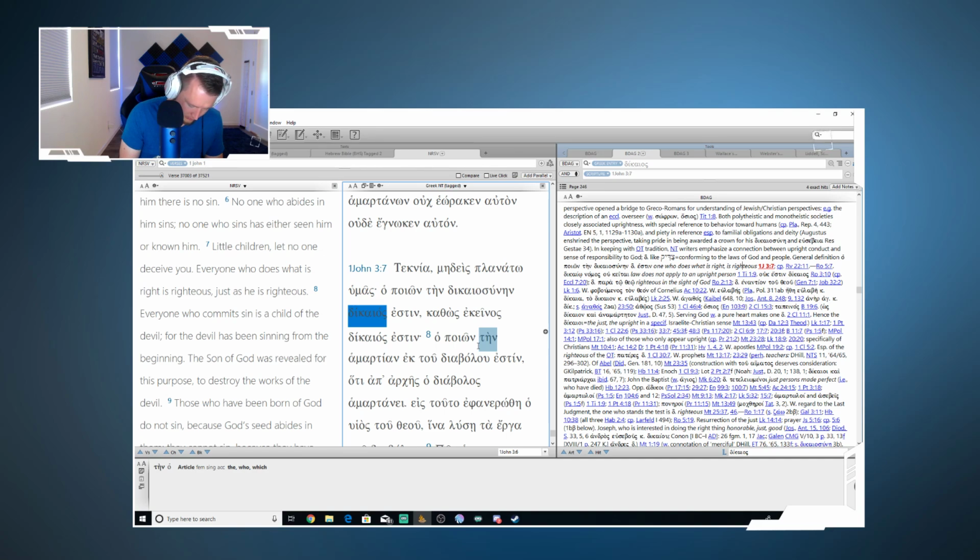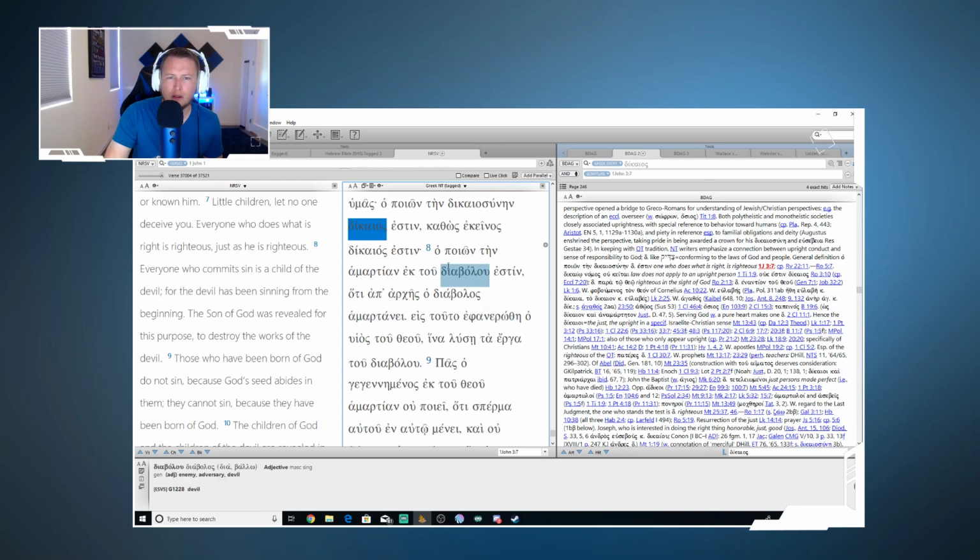Verse 8. Ho poion ten hamartian ek tou diabolou estin, hoti ap arches ho diabolos hamartanei. Eis touto ephanerothe ho huios tou theou, hina lusei ta erga tou diabolou. So, the one who commits sin, I'll put continuously in there, is from the devil.